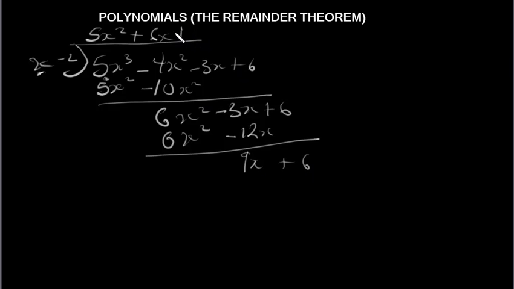Here you have 9 now. So x times 9 is 9x, minus 2 times 9 is minus 18. This minus this is 0. 6 minus 18 is minus 12, and the remainder is 24, just as we got before. So this is another way to solve the remainder theorem, to find the remainder.